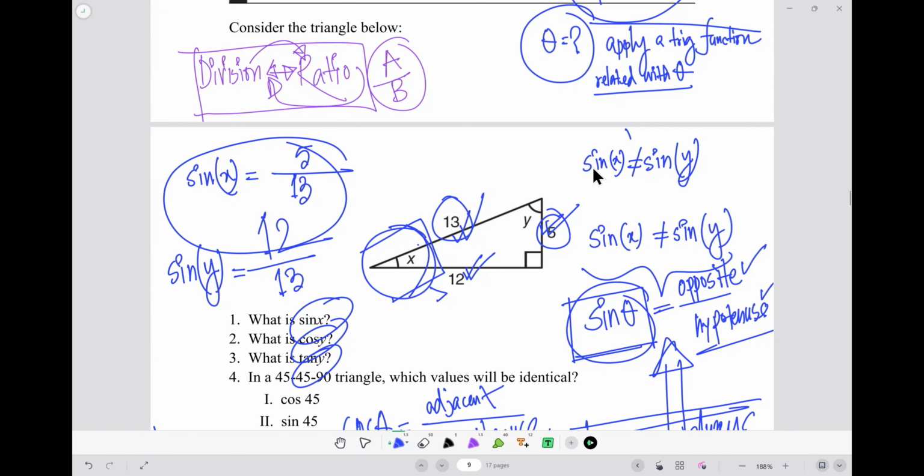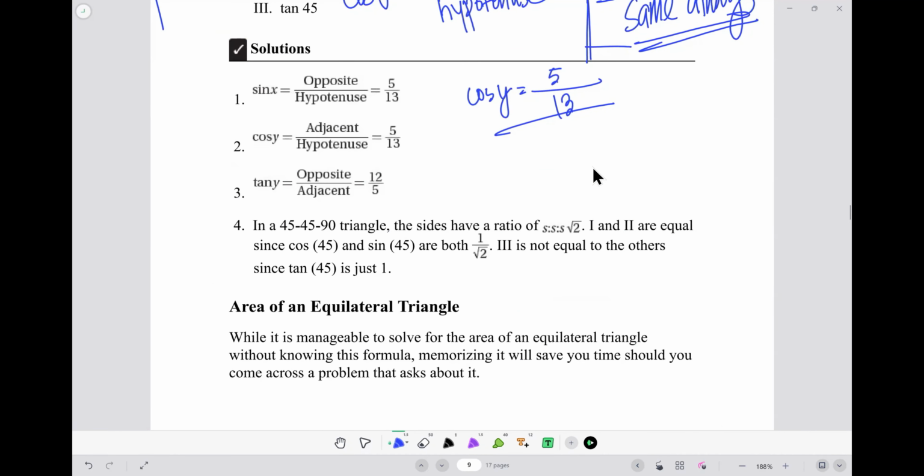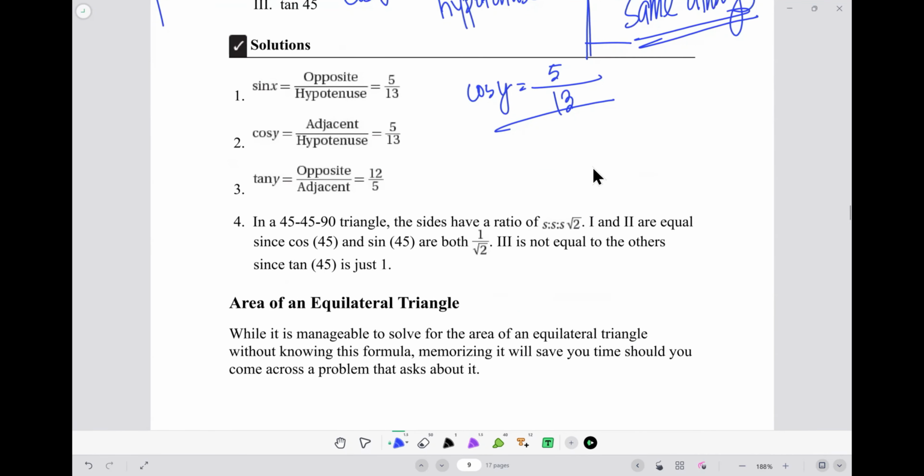The side opposite the right angle is the hypotenuse. This is very simple. Just practice, and you will automatically understand.